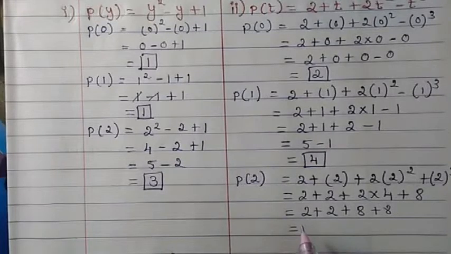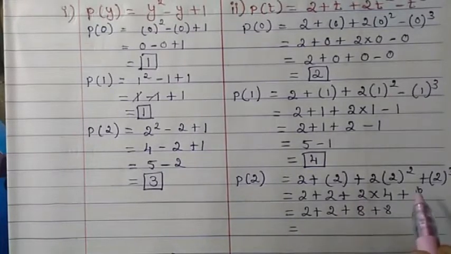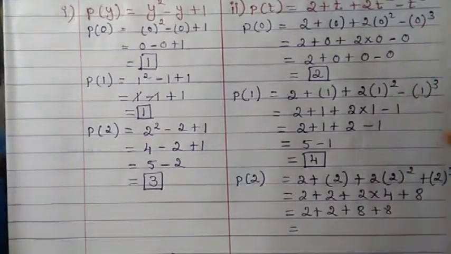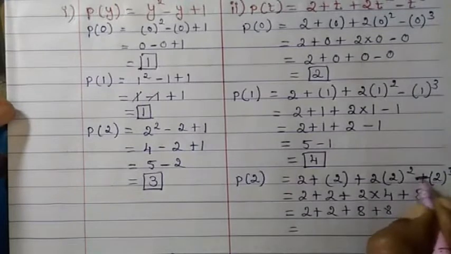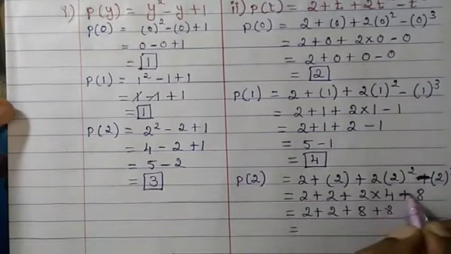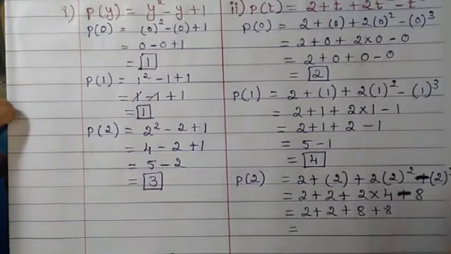So what will we get? Oh, somewhere I made a mistake, sorry. Here it is minus, but I made a mistake by putting plus. This is minus actually, so this becomes minus. Now minus 8 and plus 8 get cancelled. So then we will have 4.